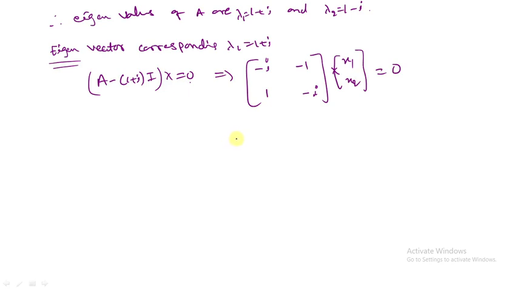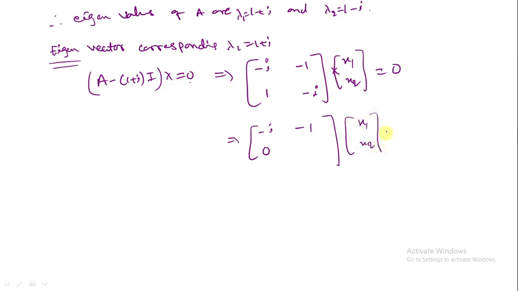Now write this as minus i, minus 1. Convert the second row to 0: multiply by i and add, so i R2 plus R1. i times i is i square, which is minus 1, so minus 1 plus 1 is 0, and minus i plus minus i... the second row becomes 0.